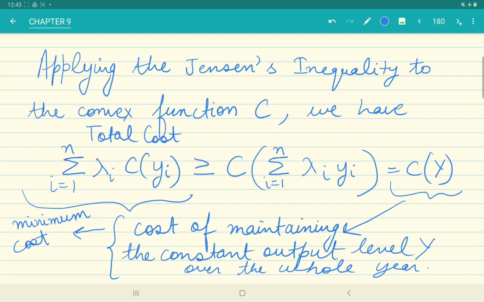It just can't be less than this. So that means the minimum cost is the cost of maintaining the constant output level y over the whole year, and that is exactly what we had to show, and we have proved this with the help of Jensen's inequality applied to the convex function c.